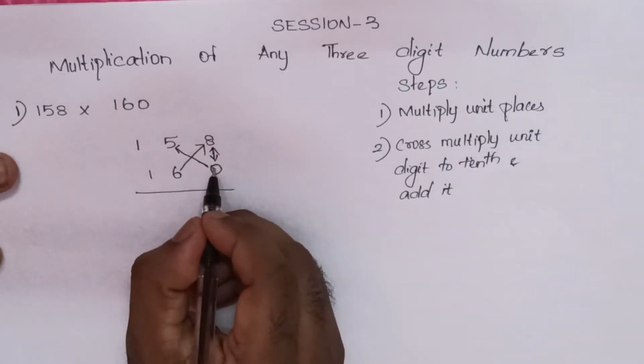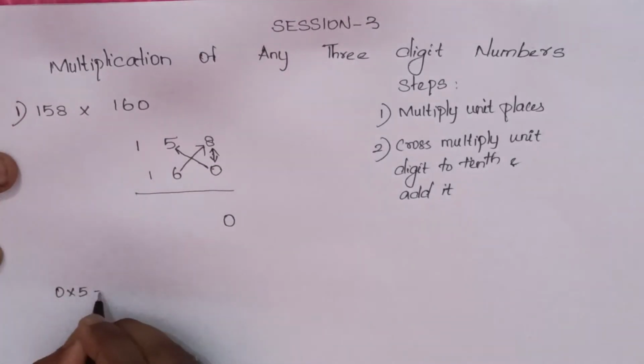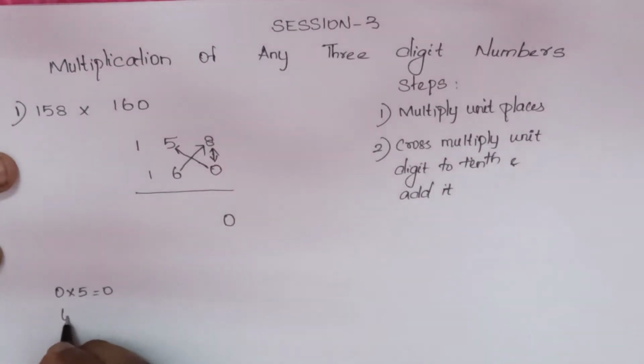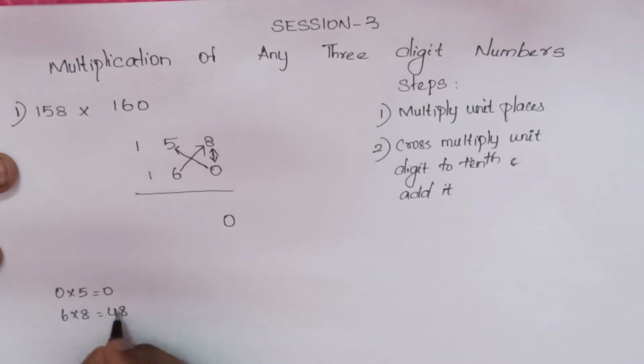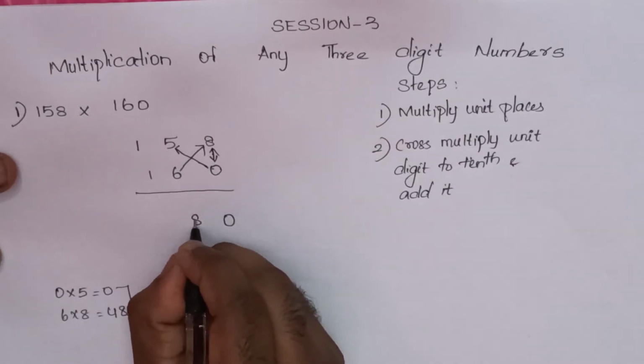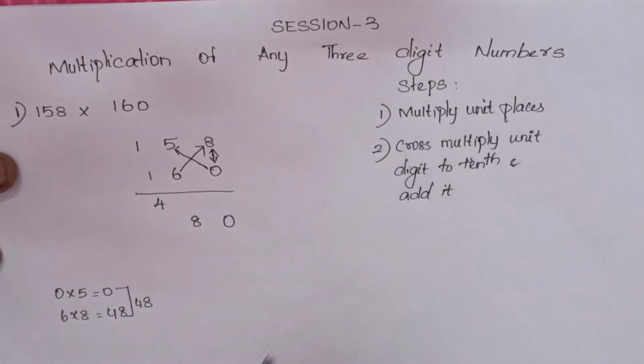So here 0 into 5 is 0 only, and 6 into 8 is 48. So 0 plus 48 is 48. Here you have to write 8 and 4 as a carry. This is the second step.